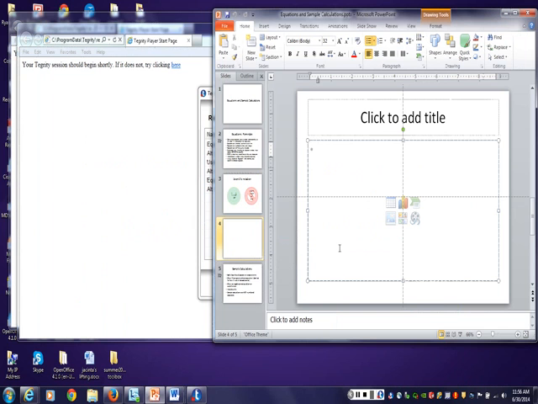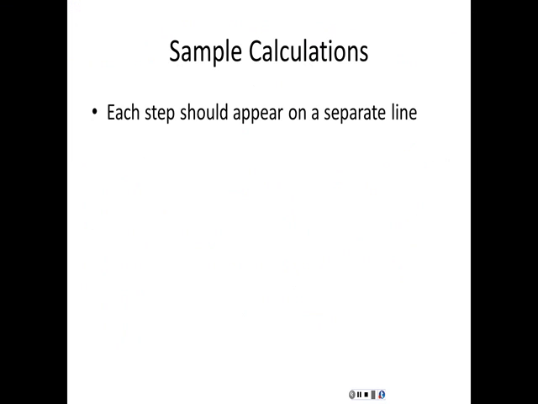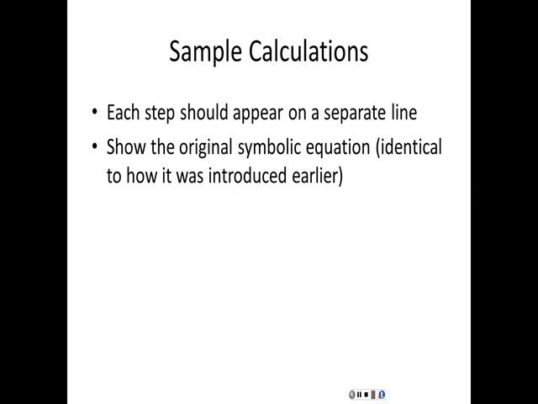Now, moving on to sample calculations. These typically occur in a results section or a data section or later in the report. And this is where you use one of the equations to present your results. And each step should appear on its own line.